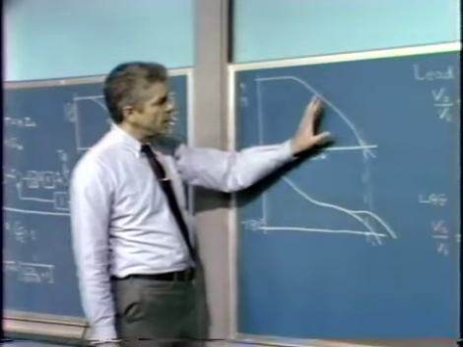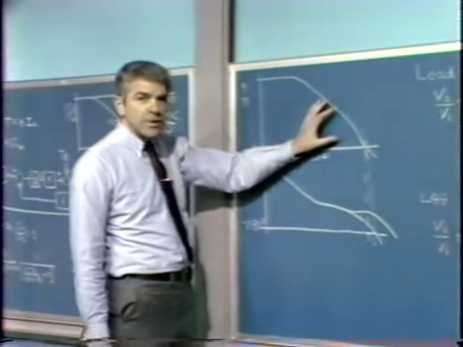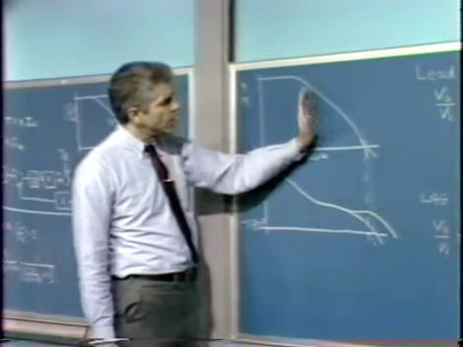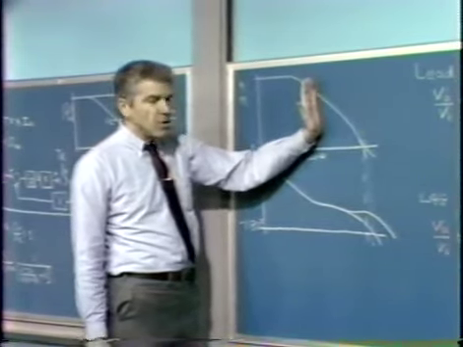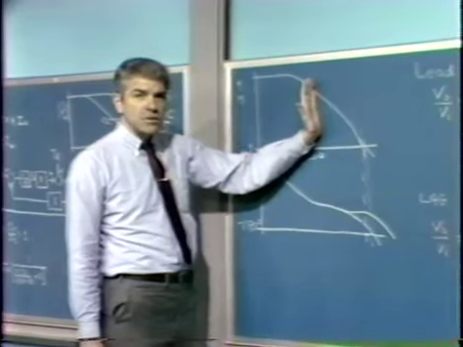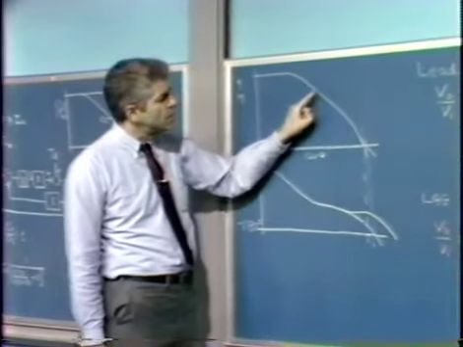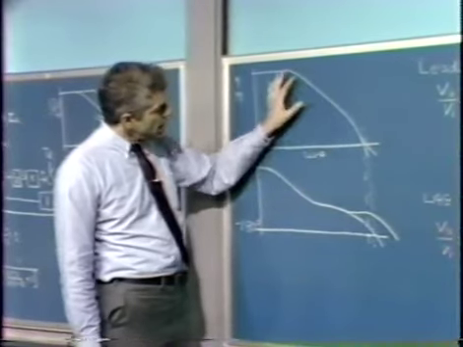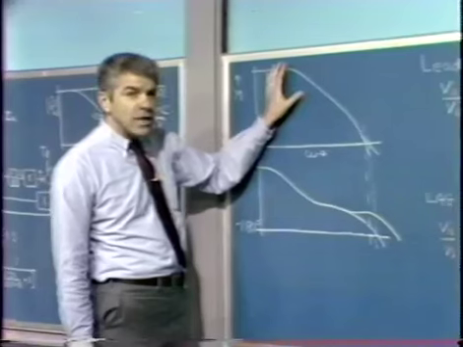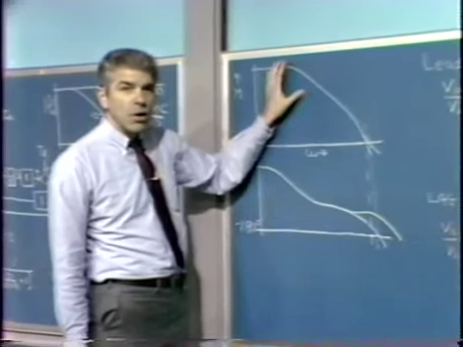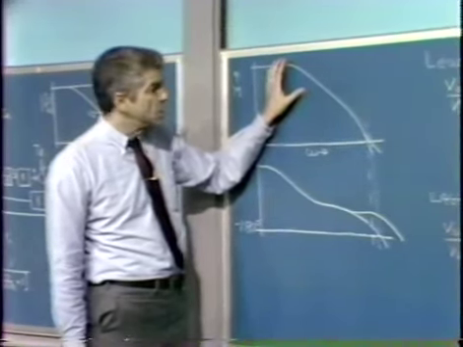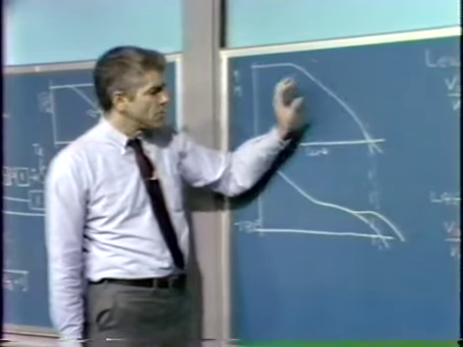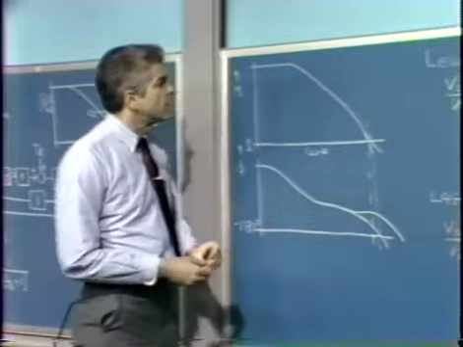In other words, we locate the lag type transfer function, locate the pole and the 0 somewhere below crossover, and we recognize, because of the attenuation characteristics associated with the lag type transfer function, that it will push the magnitude curve down, but not at DC. It doesn't have the same effect as simply lowering the A0 F0 product. It pushes the magnitude down at frequencies beyond the pole associated with the lag type transfer function.